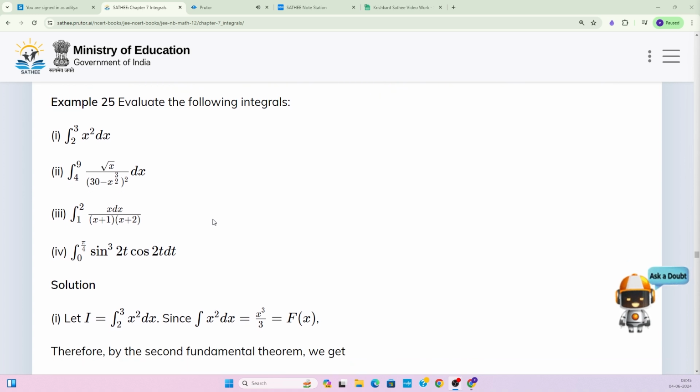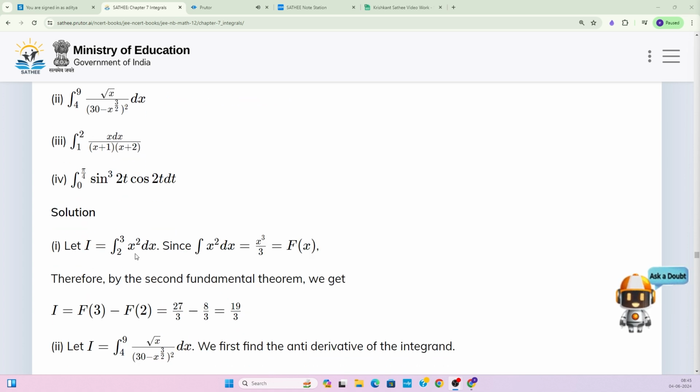So let's see example number 25. Evaluate the definite integral from 2 to 3 of x² dx. First of all, x² is well defined on this interval and continuous on the closed interval 2 to 3. So I equals the definite integral from 2 to 3 of x² dx. First, find the indefinite integral of f(x), which is the integral of x² dx.